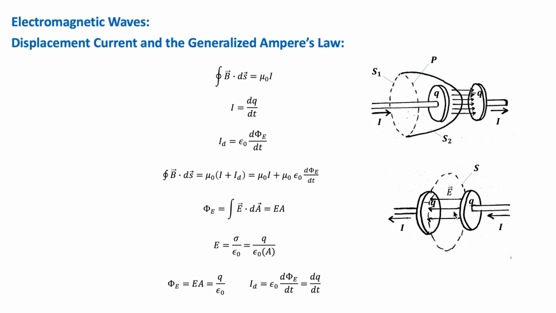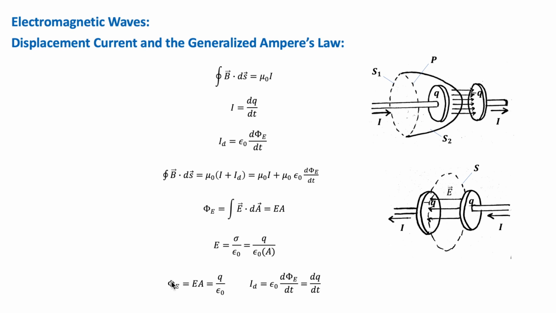So if Q is the instantaneous charge on the plate while it's charging or discharging, then we have E is equal to sigma over epsilon naught equal to Q over epsilon naught A. And this result was derived in video 1 of Electromagnetism, so you can refer to that video for details, okay?